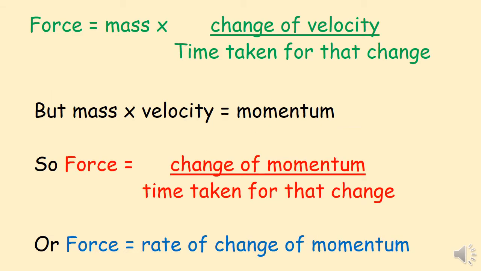Now, having got to that equation, we now know that mass times velocity is momentum. So we can rewrite that equation as the force is the change of momentum divided by the time taken for that change. And so in English that would be the force is the rate of change of momentum. How quickly the momentum changes equals the force.